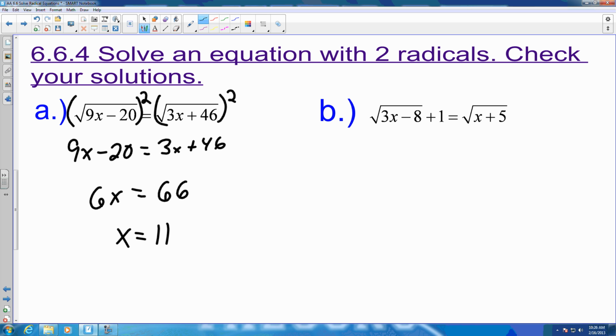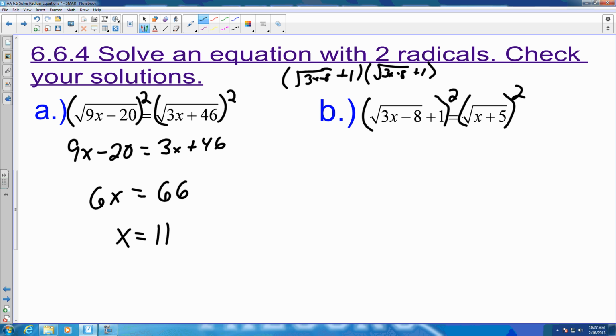My last example is the square root of 3x minus 8 plus 1 equaling the square root of x plus 5. So again, I really can't isolate anything, so I'm just going to square both sides. Now here, you have to keep in mind that on the left-hand side, it's the square root of 3x minus 8 plus 1 multiplied by the square root of 3x minus 8 plus 1.